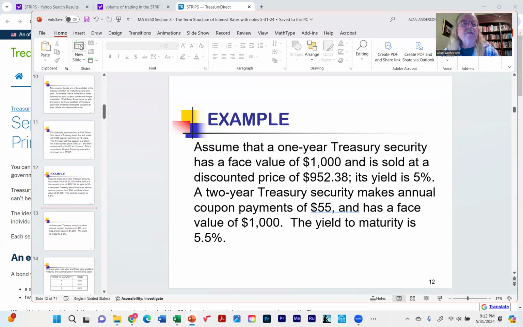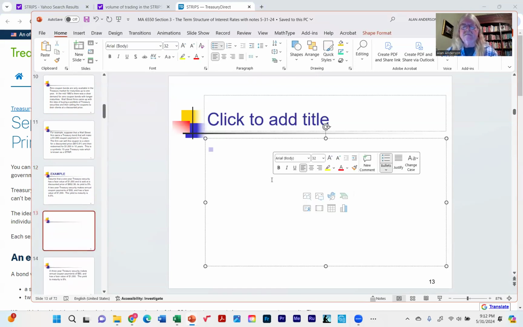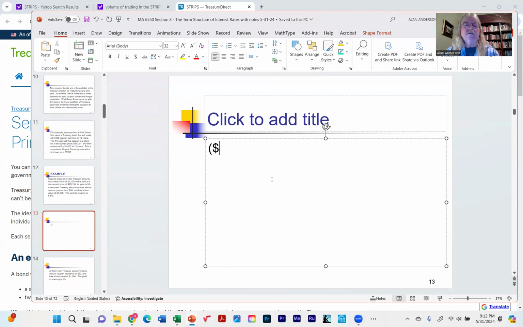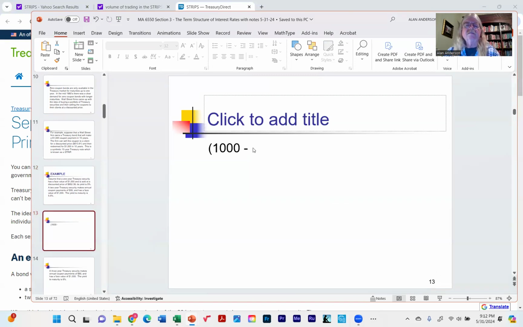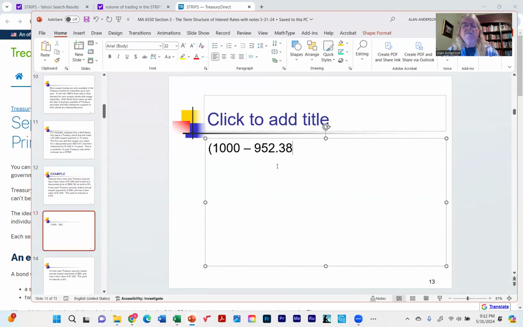let's quickly do the math. You take 1,000 minus 952.38, divided by 952.38.